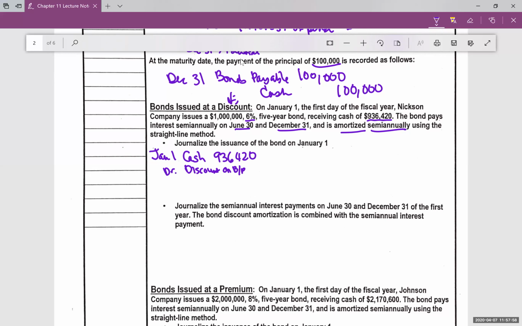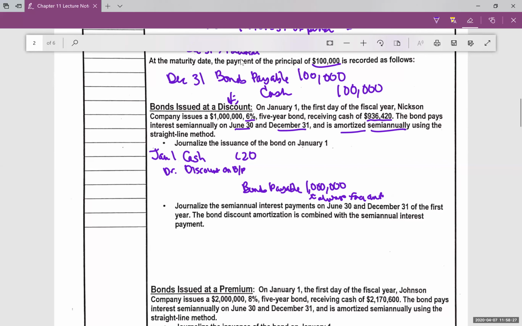And then the third line is going to be the bonds payable. Now the bonds payable amount is always the face amount. So you can kind of tell yourself that that's always the face amount, the amount that goes to bonds payable. So the difference between the 936,420 and the 1 million is the amount that goes to the discount.